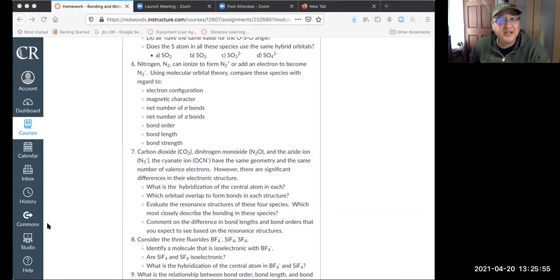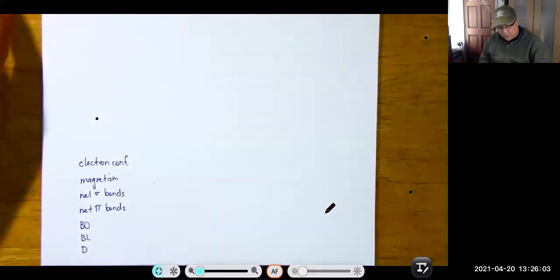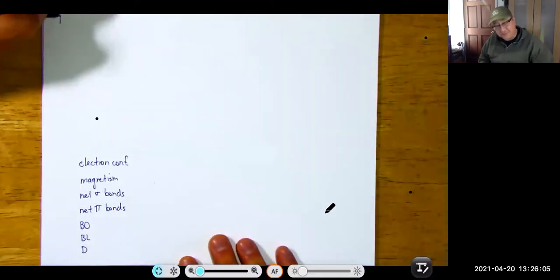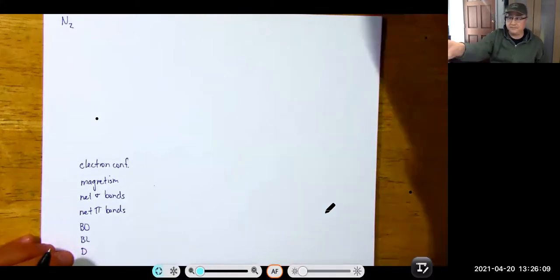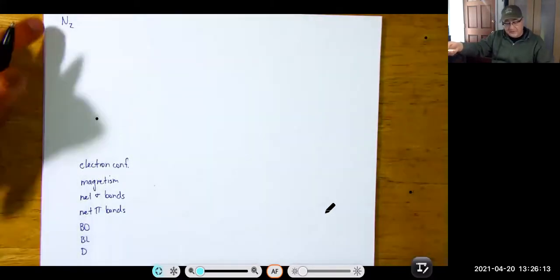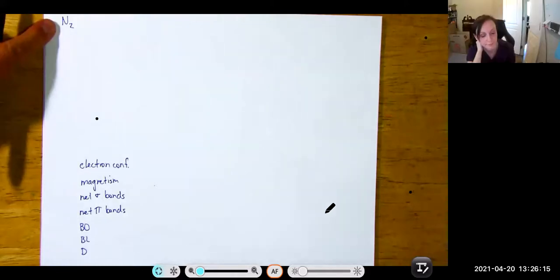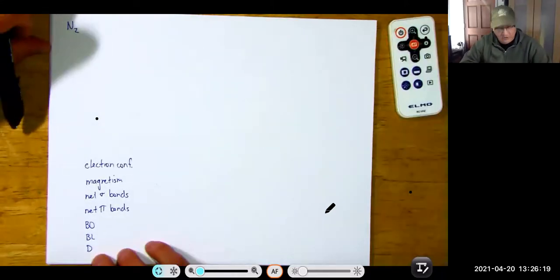Let's see. There we go. Okay, so these are the questions for N2. Can you see the N2 up here next to my finger? Mm-hmm. Yeah. Okay, I can't see it because my Zoom bar is over that.